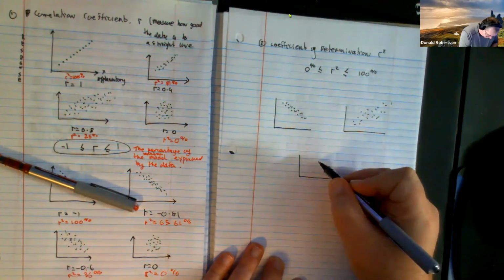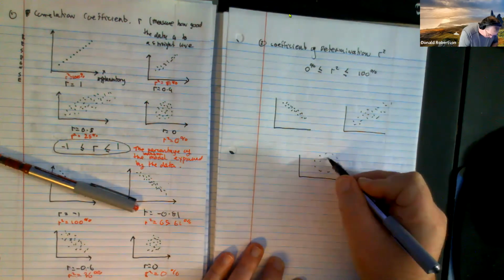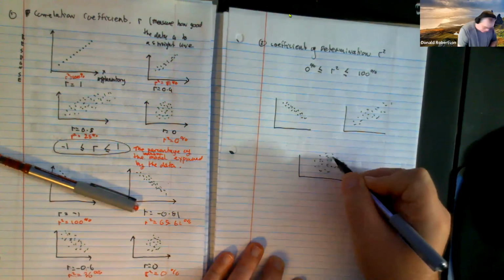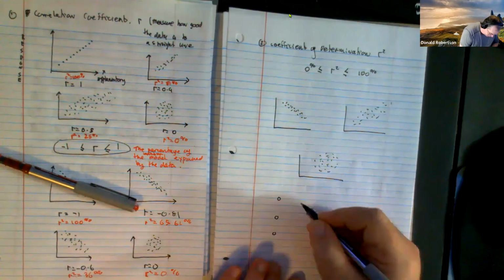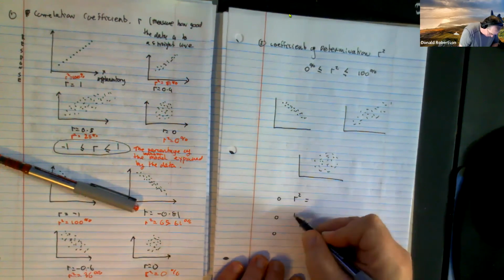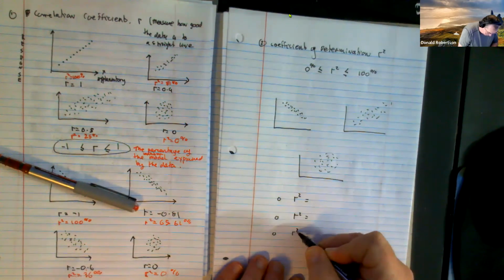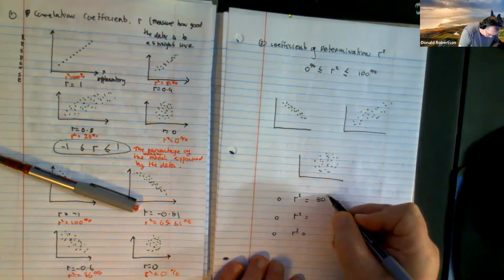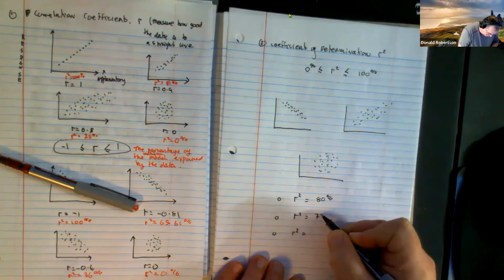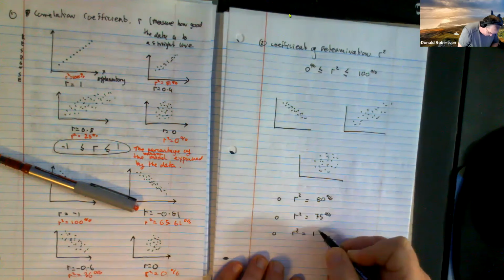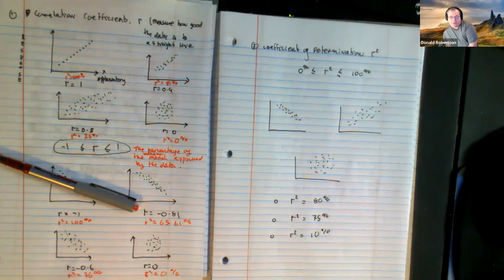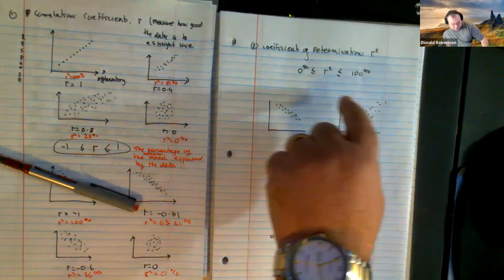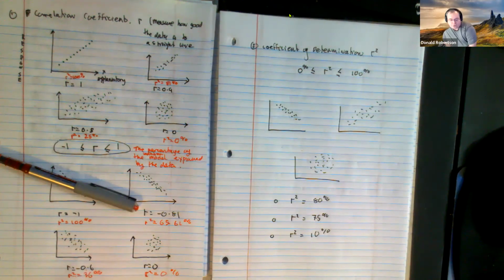Now, one of the data sets looks like that. Which one of those pictures, which one of those data sets is the one that's most likely to have an R squared of 80%?